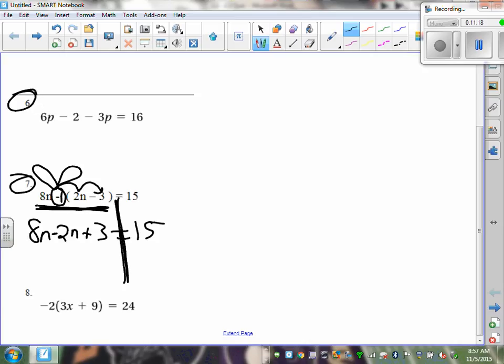Circle the 8n, circle the minus 2n with it. 2 circles, same side, combine them. 8 minus 2 is 6n, plus 3 equals 15.